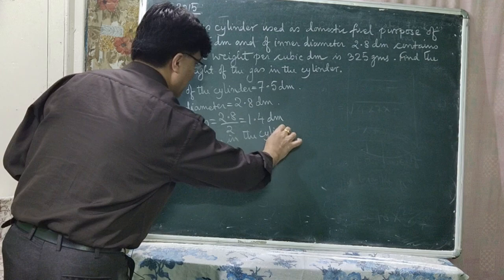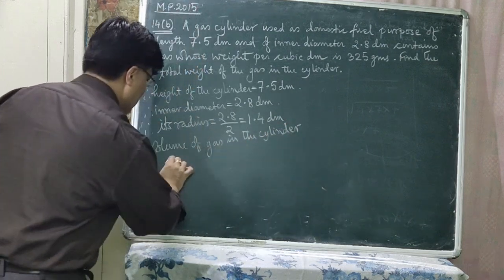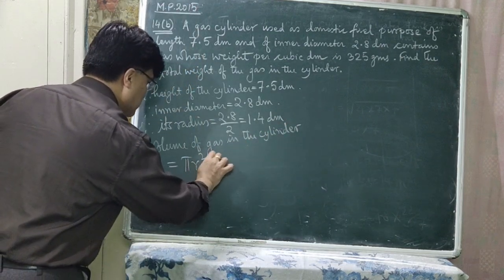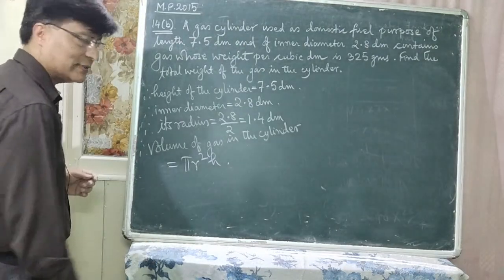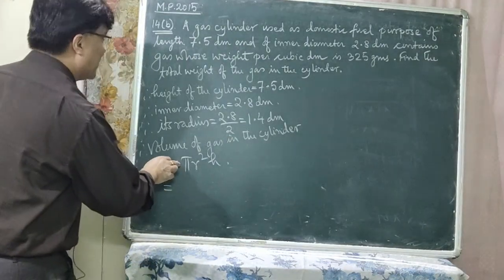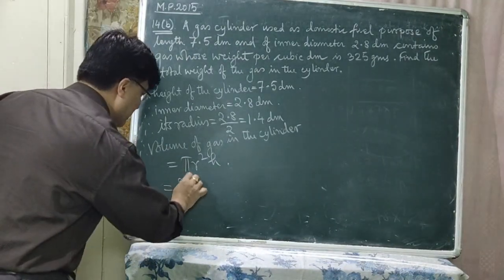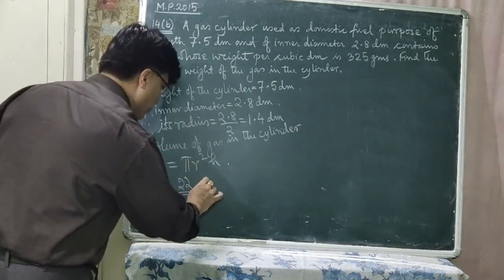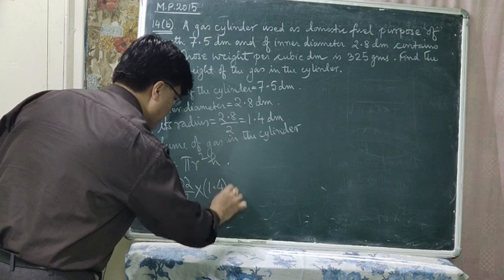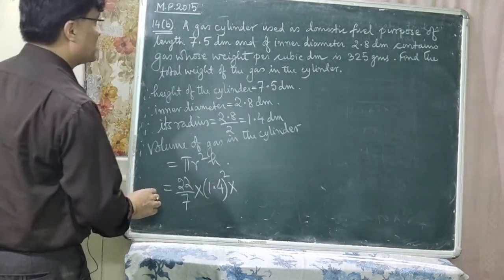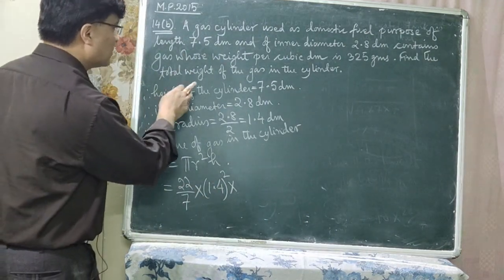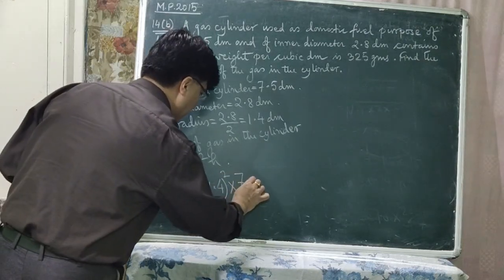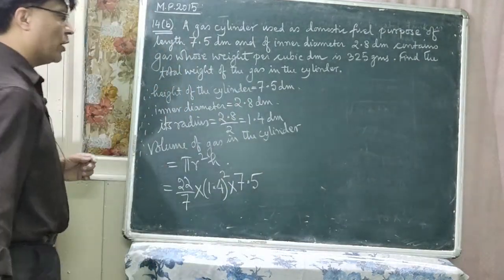So volume of gas in the cylinder is equal to, what is the formula? It is pi r square h. You know that, isn't it? So what is the value for pi here? Pi is 22 by 7. The radius is 1.4 whole square, into the height, that is the length of the cylinder, your 7.5.